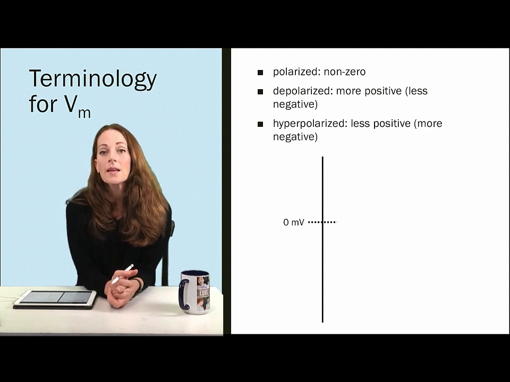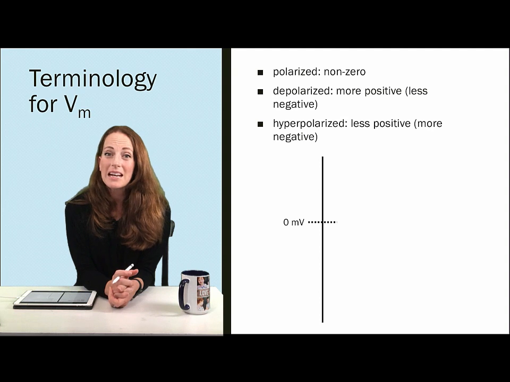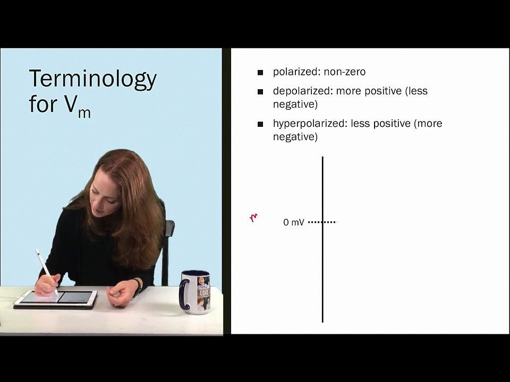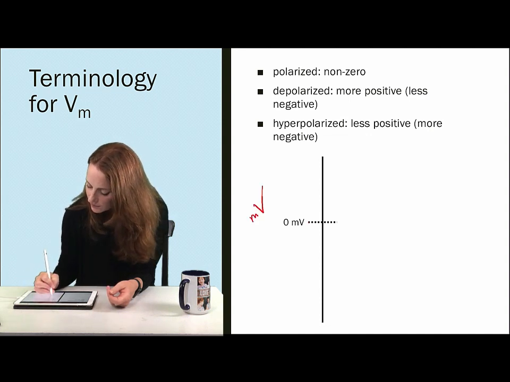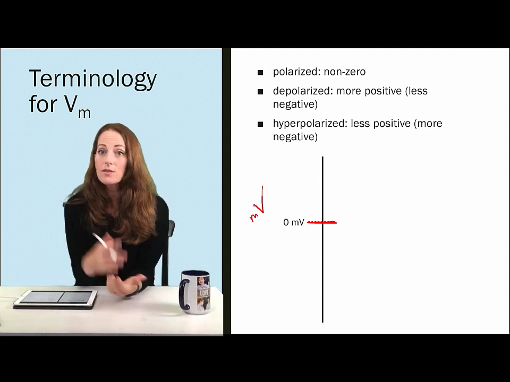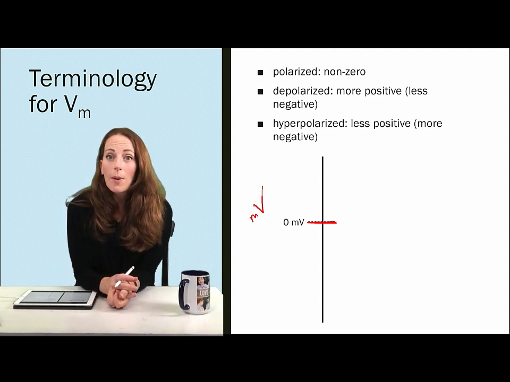Okay. Let's talk about some terminology. We've said some of these terms already, but let's just make sure we're all on the same page. Here, if we're graphing membrane potential in millivolts, if we look at 0, that would be a non-polarized membrane. There's no difference between the inside and the outside of the membrane.